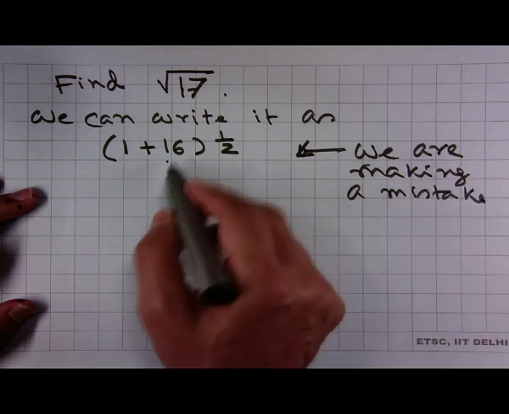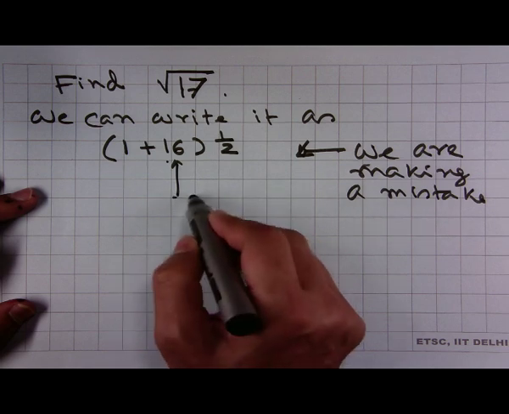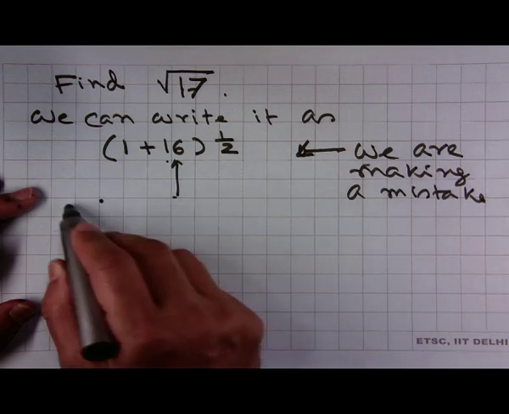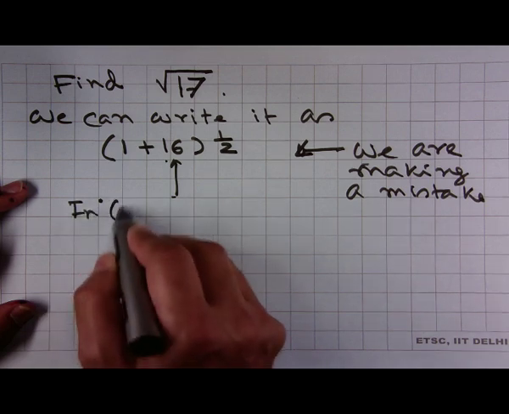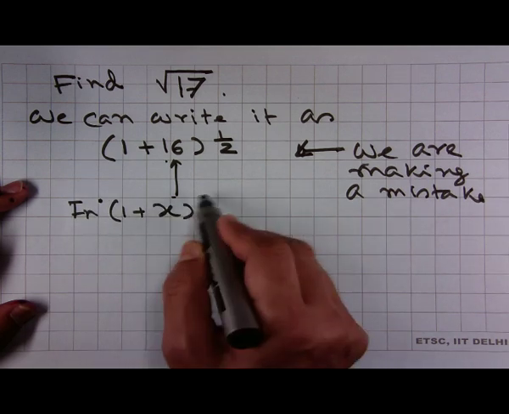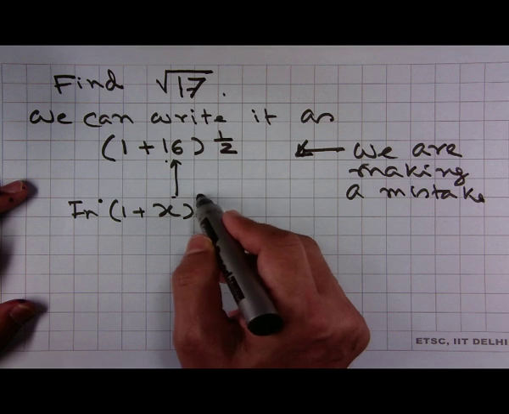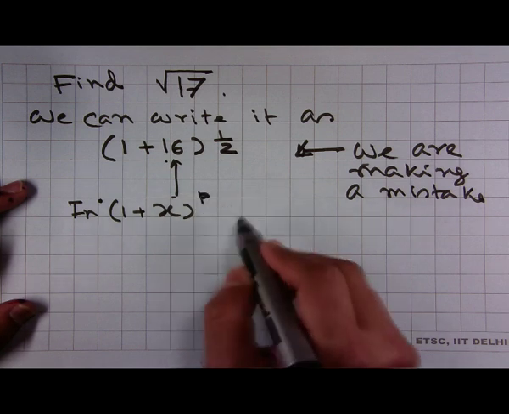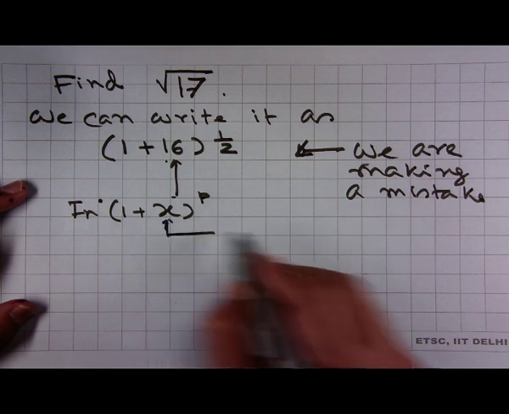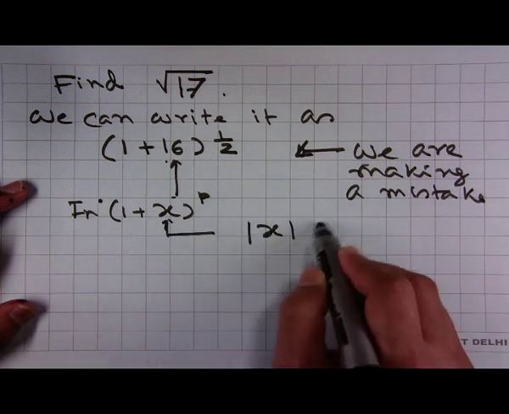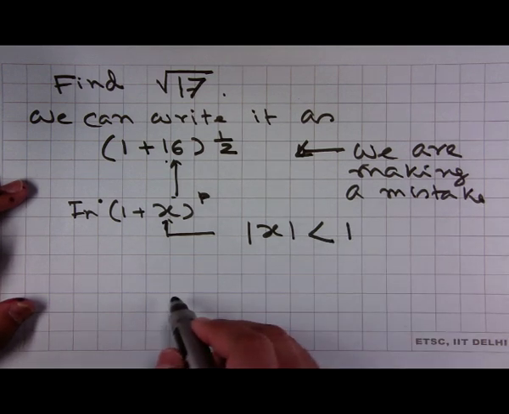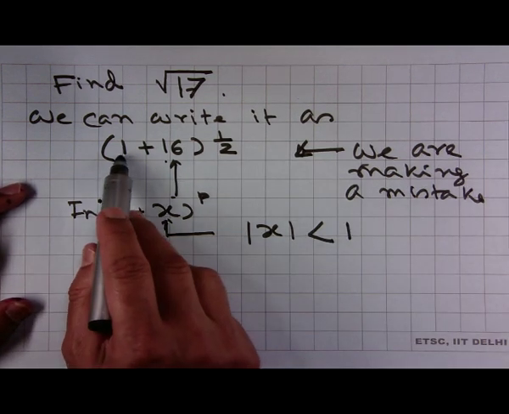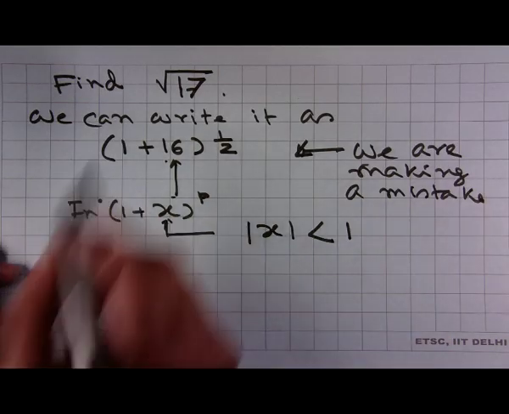What is the mistake? Because this x in (1 plus x) to the power some p, in the expansion, modulus of x has to be less than 1. But if we write it like 1 plus 16 whole to the power half, then we are making a mistake. So, we write it in a different way.